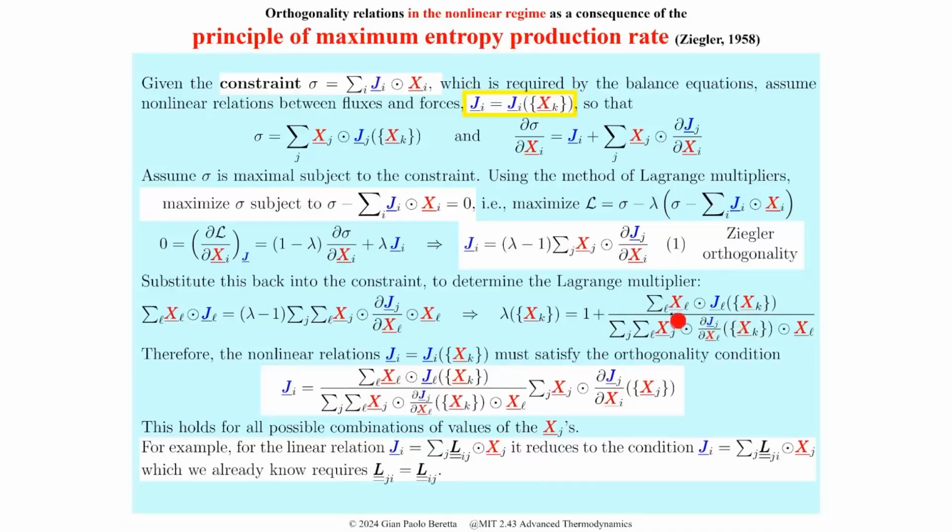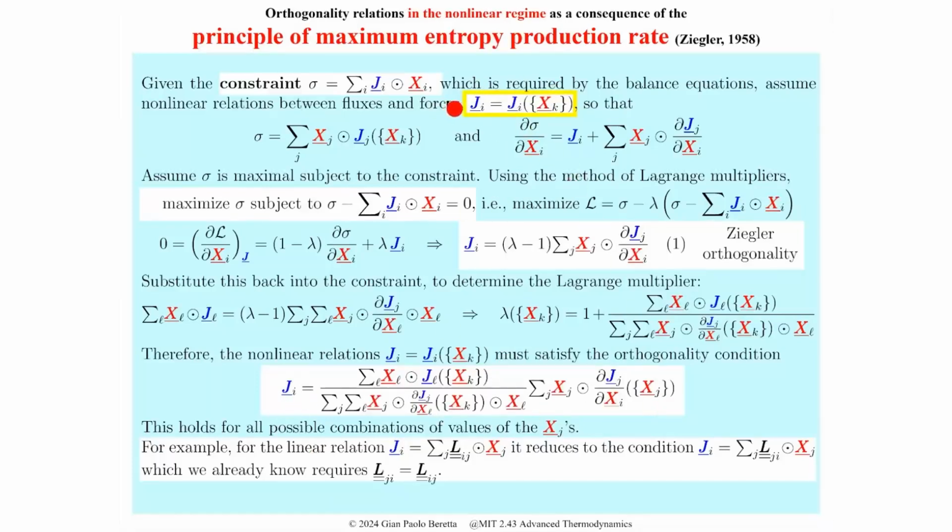So you can substitute this into here, and you get this complicated stuff, which nevertheless is an orthogonality. It's a condition that must be satisfied by the functional relation that you have chosen here. So it tells you that you don't have complete freedom in choosing these functions. They have to satisfy this.